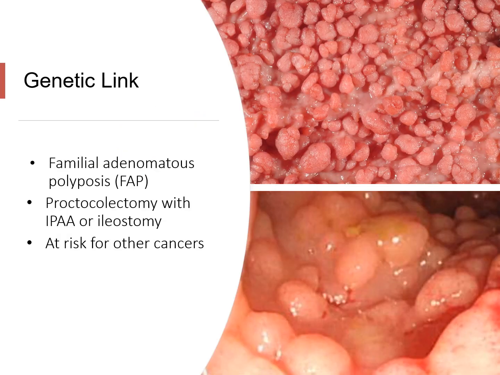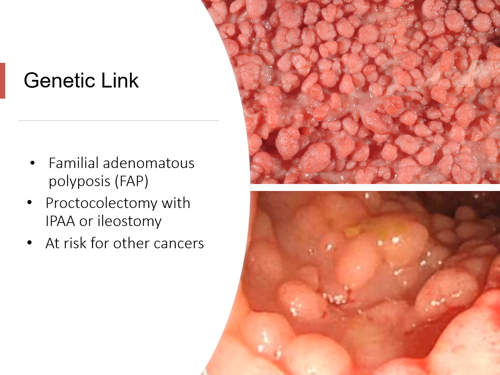There is a genetic link to certain types of polyps. We have familial adenomatous polyposis, FAP. This is the one where patients that have a family history of this should be screened at puberty and annually after the age of 16.